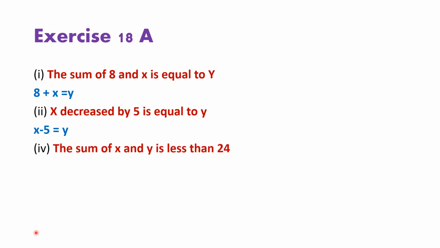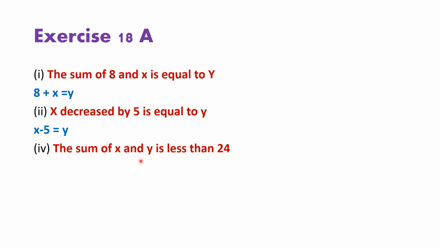Next one. The sum of x and y is less than 24. Sum means we have to add, x plus y. Here you cannot take is as is equal to, because it is not equal to. So is less than, you have to put the symbol of is less than, and 24 there.